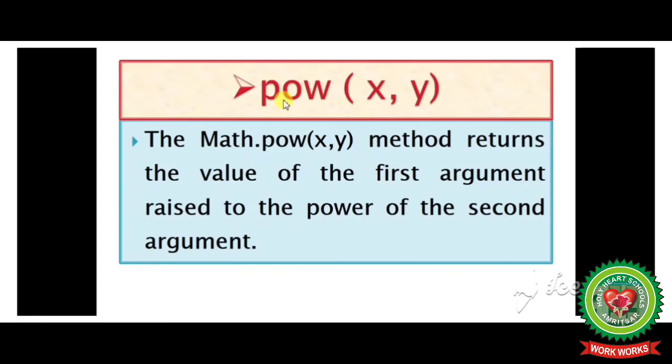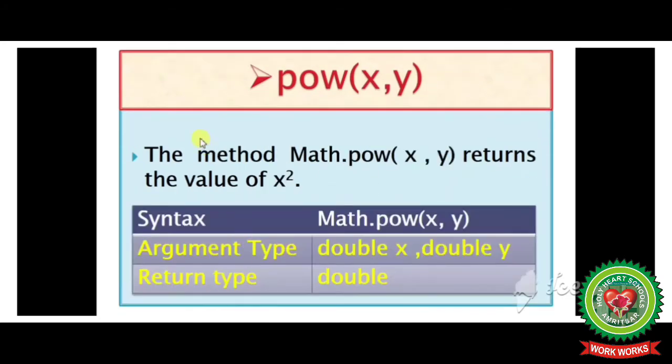See, the first method is power, that is pow(x, y). The Math.pow(x, y) method returns the value of the first argument raised to the power of the second argument. The method Math.pow(x, y) returns the value of x raised to y, and the syntax is Math.pow(x, y).